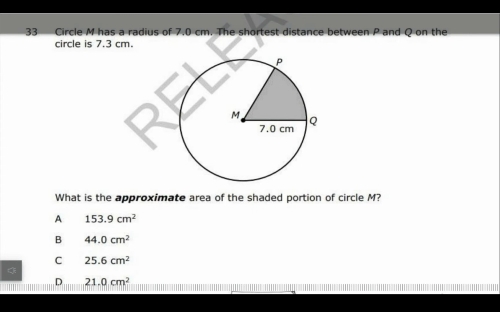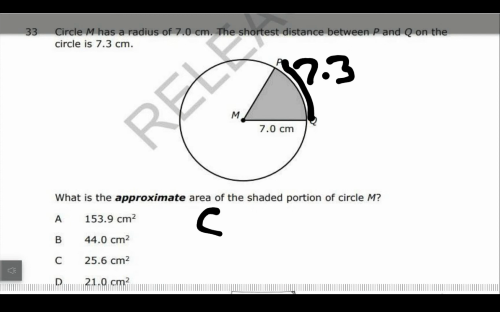All right, so really what they do is they give me the circumference here. I'm going to put that on the outside so you know. So what we have to do says what's the approximate area of the shaded portion here. All right, so again, they don't give us a whole lot of information here. They do need the area. All right, and they also gave us this partial circumference.